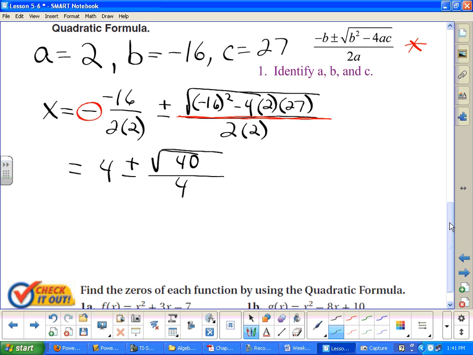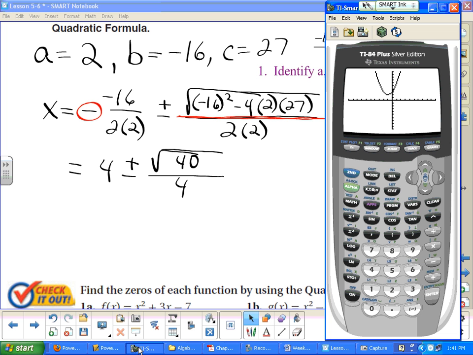Oh, no. Okay. Negative 16 squared minus 4 times 2 times 27. Positive 40.